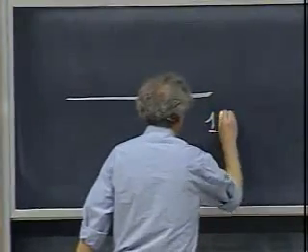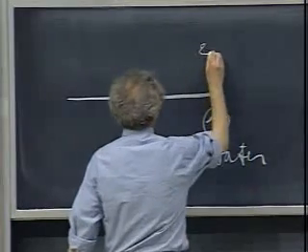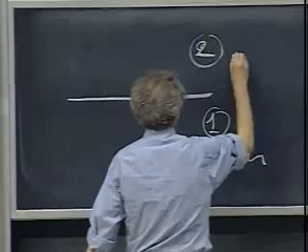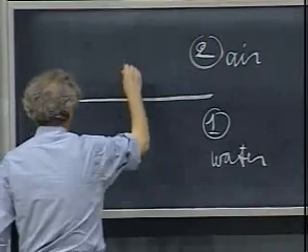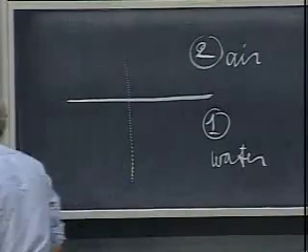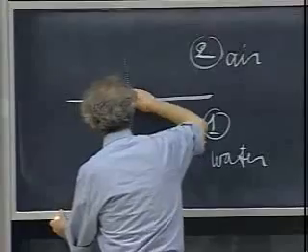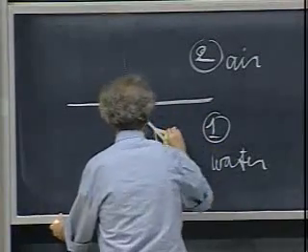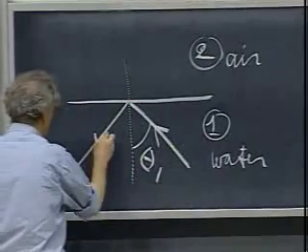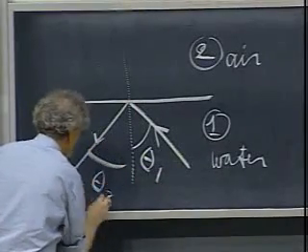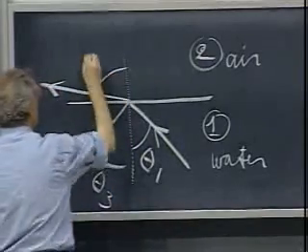So now, my medium 1 is now water, and my medium 2 is now air. And so now, I go from here to here, and so here I have my angle of incidence, theta 1, and here I have my angle of reflection, that is this theta 3, and now here I have my angle theta 2.